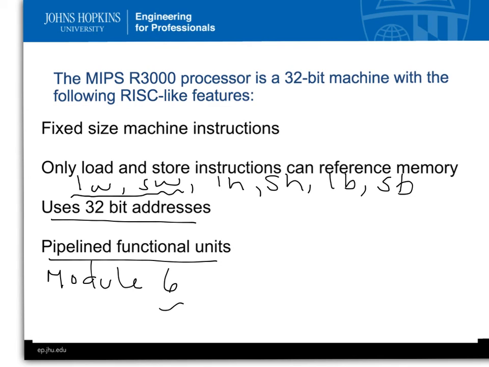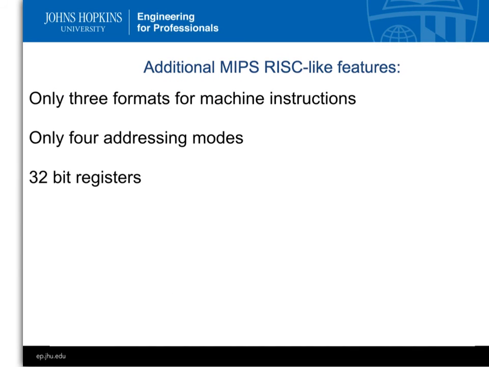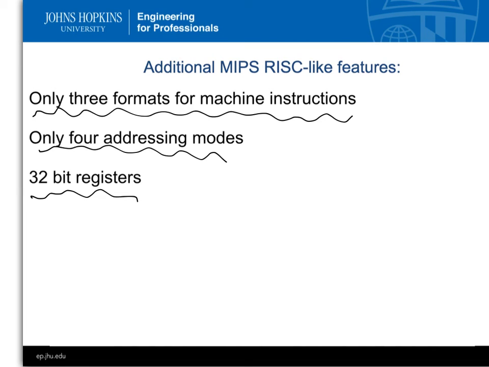We're going to talk about several data paths, but the one that is implemented the most is pipelining, a pipelined MIPS. We're going to talk about the 3 formats for machine instructions and 4 addressing modes. That's coming up also, and that the registers themselves are 32 bits.